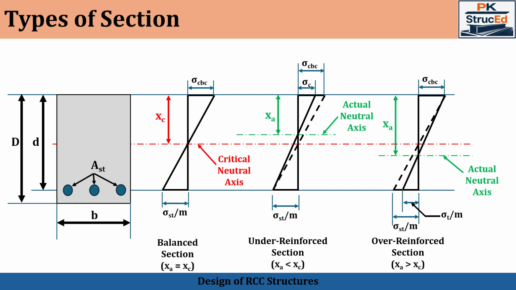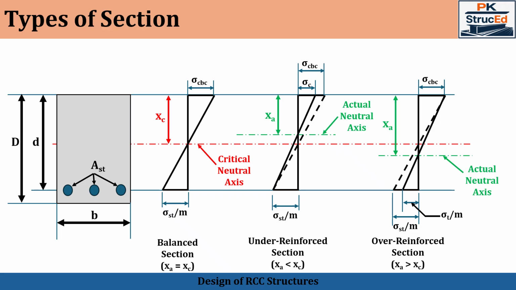As a result, the stress distribution curve across the beam section is represented as either a rectangular or a linear shape, as shown in the figure. This linear stress distribution is one of the key assumptions of the working stress method and forms the basis for analysis and design using permissible stresses.